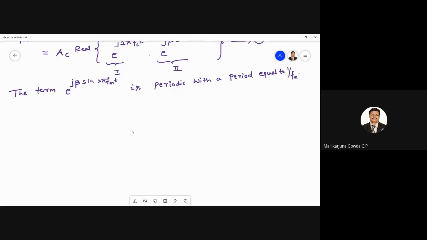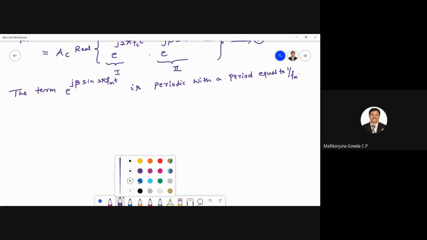Yeah. So, as I said, this e power j beta sine 2 pi fmt is a periodic signal, right? With period equal to 1 by fm. So, it can be represented by a complex Fourier series. Let me write that.